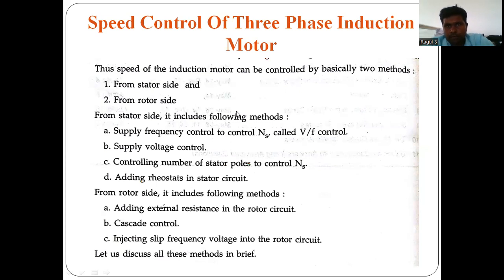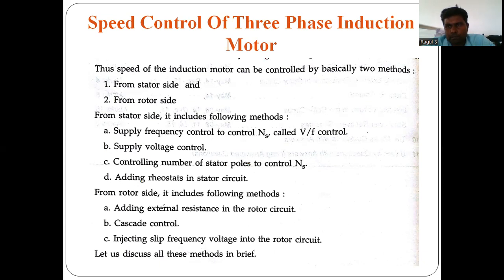What are the methods or types of speed control available in three-phase induction motors? A three-phase induction motor consists of two important parts: one is the stator and the other is the rotor. Some methods of speed control are available on the stator side, as well as on the rotor side.